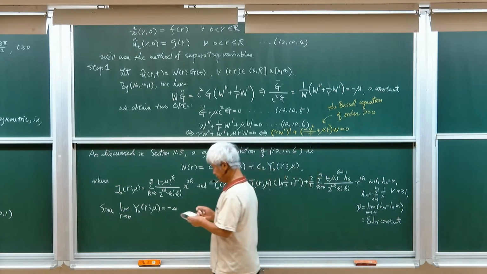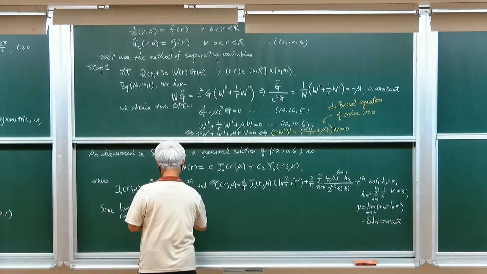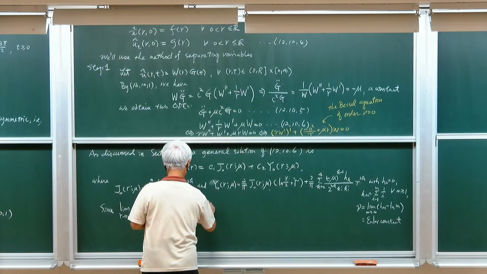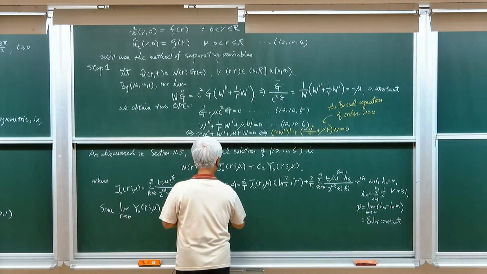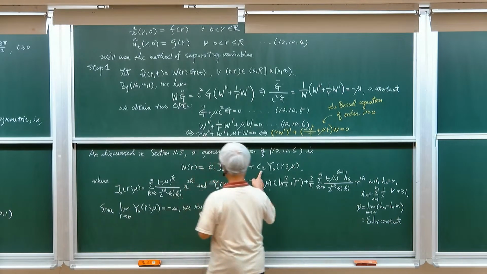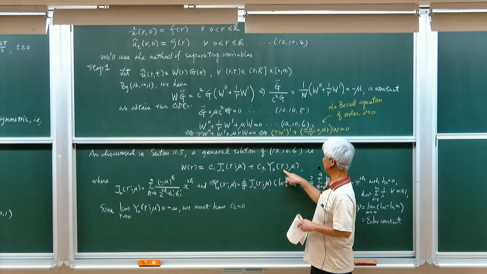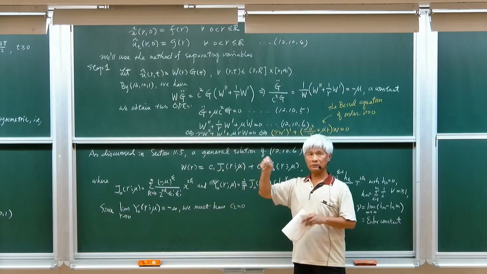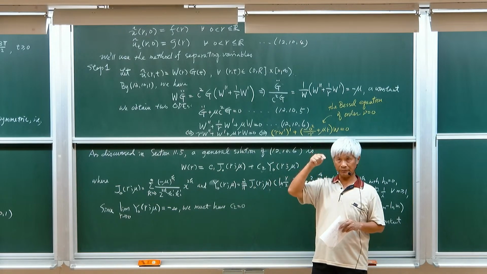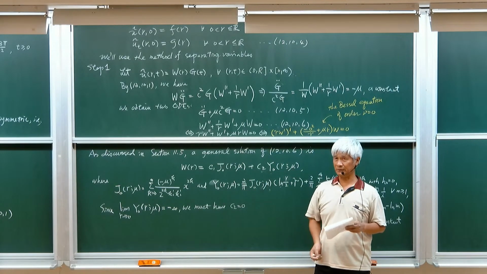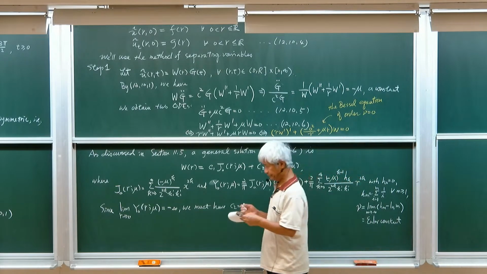So we must have that C2 equals 0. If C2 is not equal to 0, then the solution W(r) goes to minus infinity, which is not a solution physically.